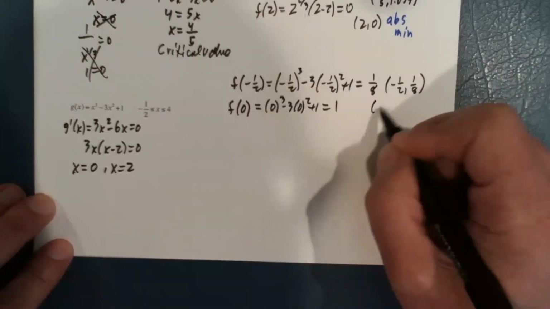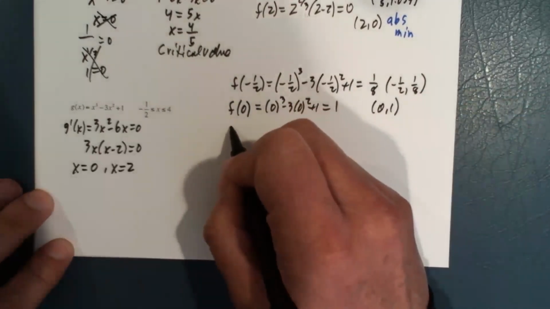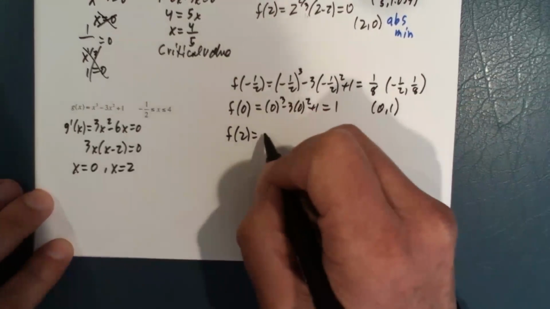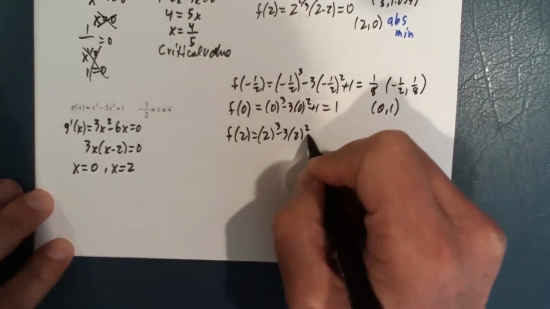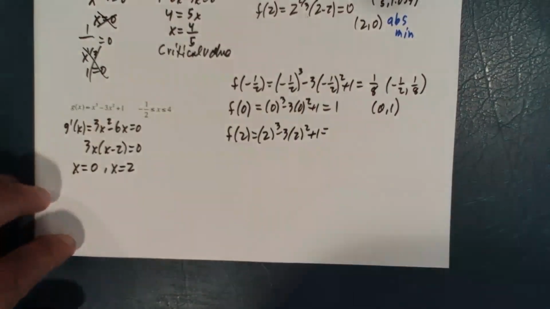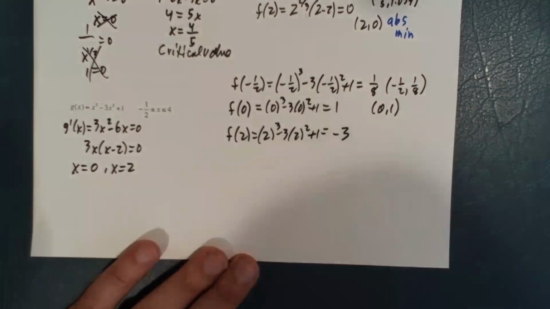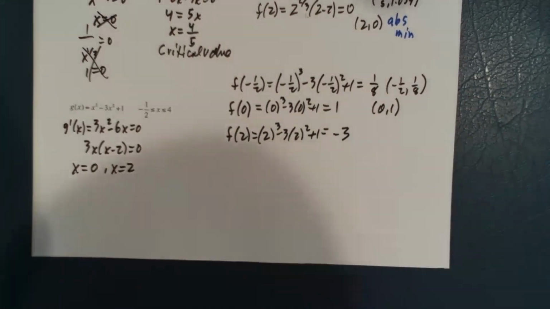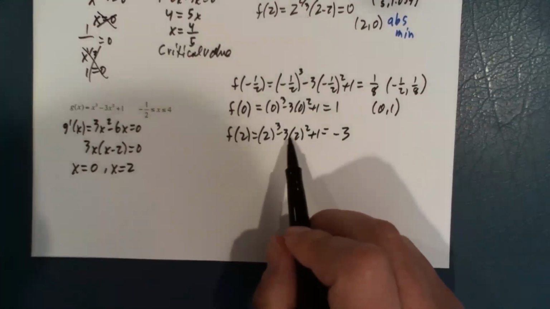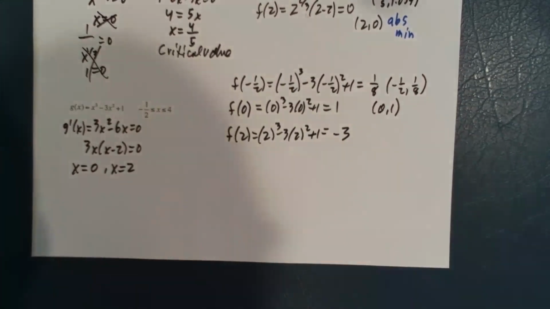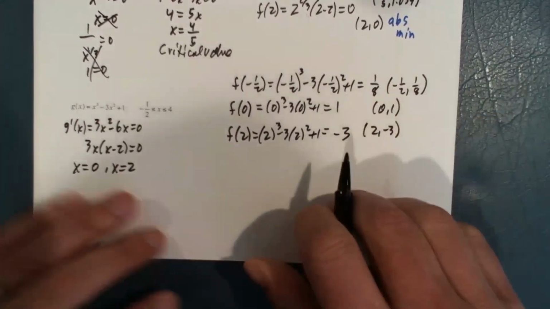Equals 1, so we have the point 0, 1 as a potential critical value. f of 2. And for f of 2, I'm getting -3. So that's going to be 8, that's going to be 4 times 3 is -12. So 8 minus 12 plus 1 is going to give us our -3. So we have the point 2, -3.